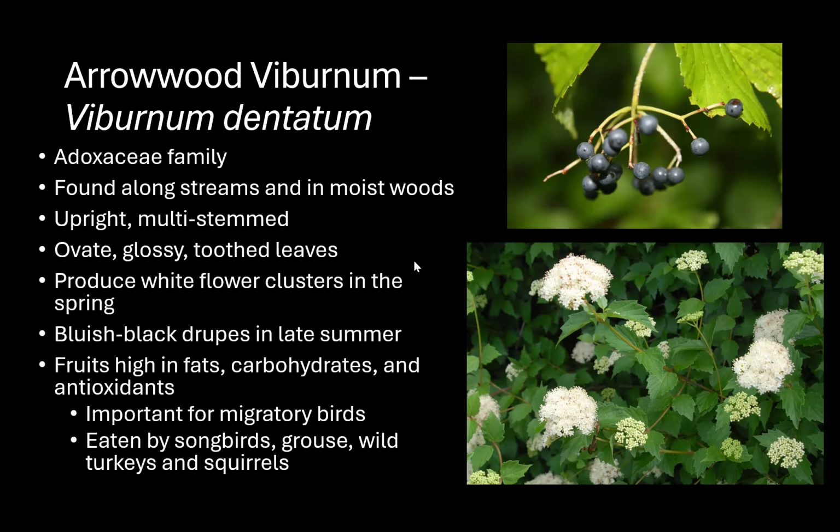So this is found primarily in more moist areas of our woodlands, our moist woods along streams, and it has more of an upright multi-stemmed habit. The leaves themselves can be a little bit dark green to glossy in appearance. But what we notice and what we love most about viburnums is the flower clusters that they produce.